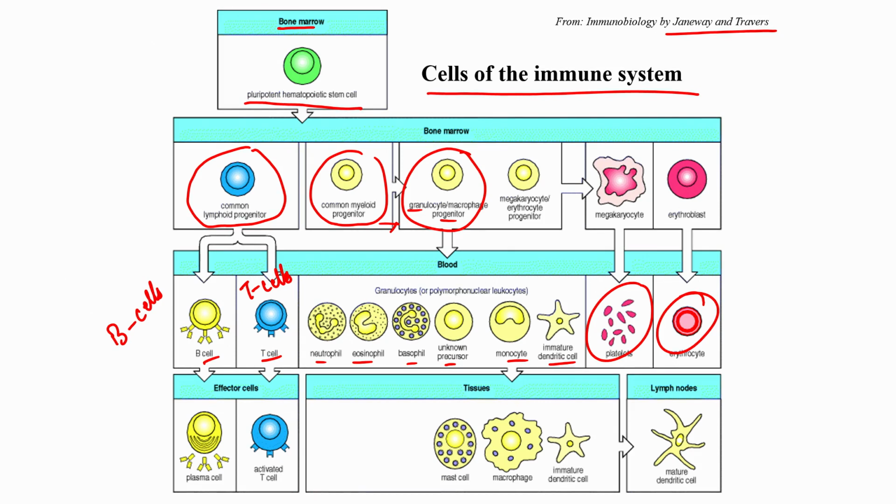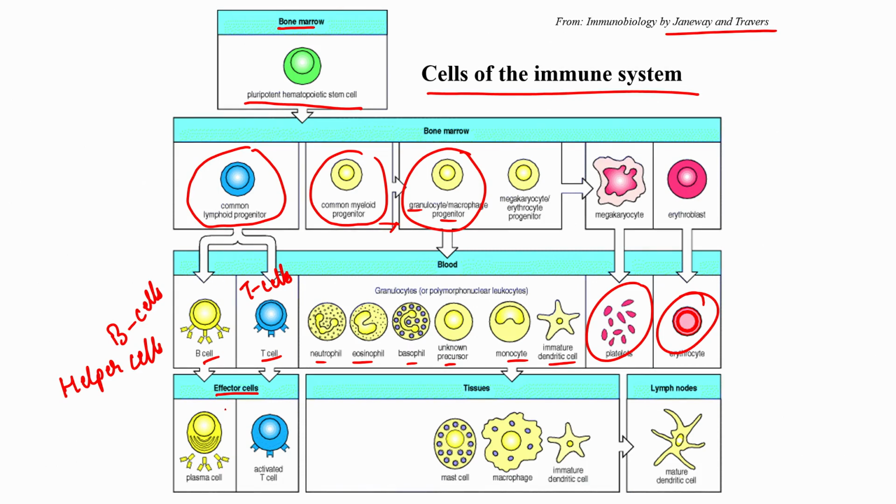The B cells and T cells can then have different types as well. They can have effector cells or they can have helper cells. So, both B and T type of cells can have both effector and helper cells.